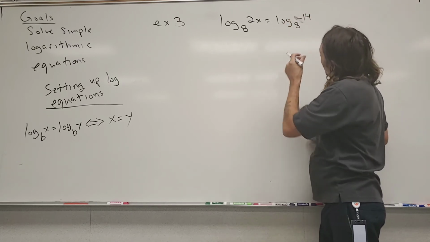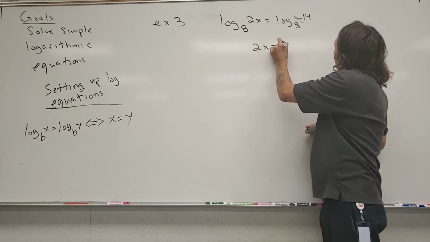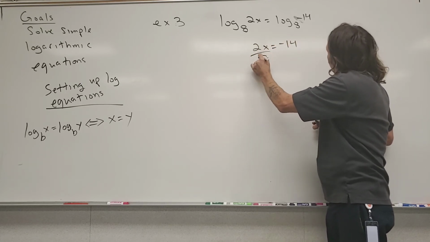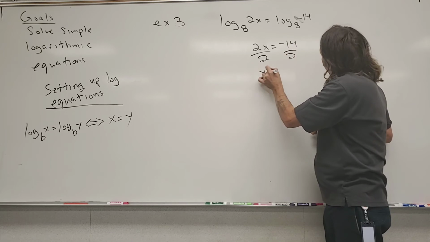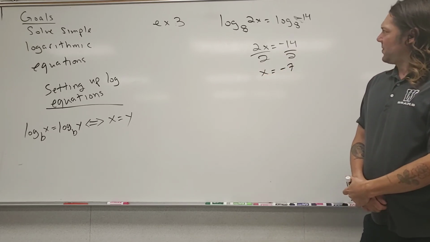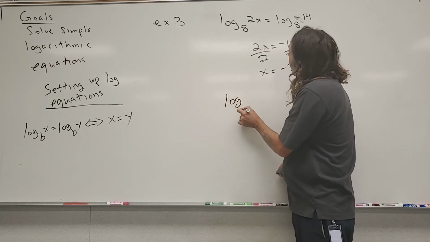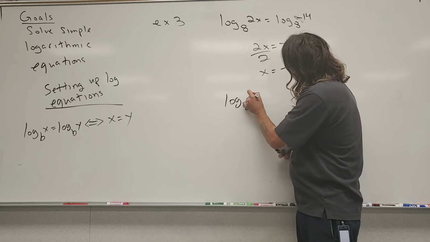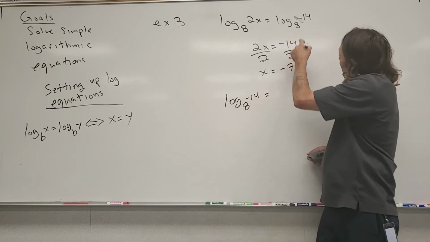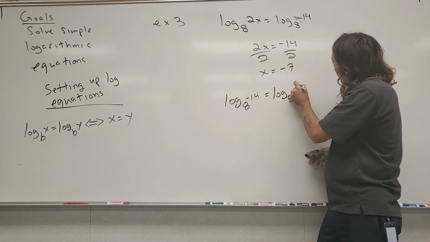So again, using the idea, I get 2x is equal to negative 14, divide away the 2, and my value of x is negative 7. Now when I plug in my value of negative 7, here I get log base 8 of negative 14, and that will also be equal to log base 8 of negative 14.